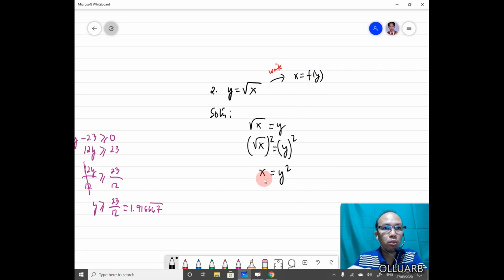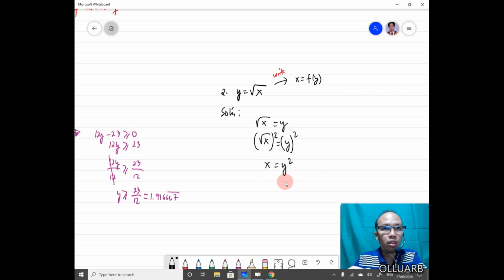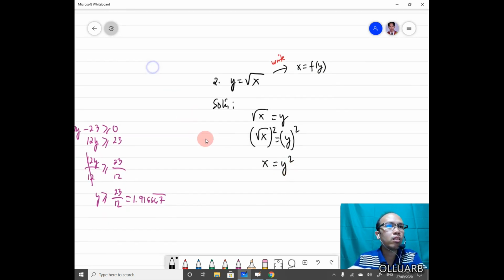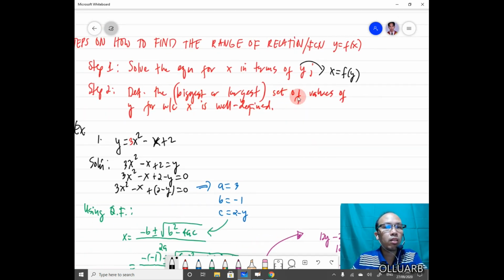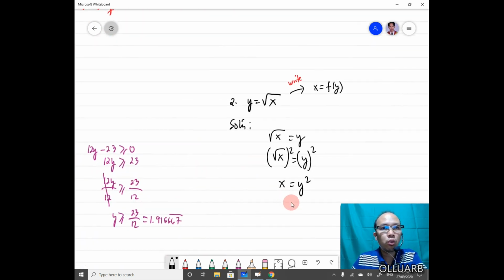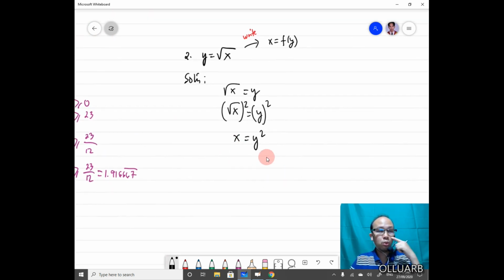The numerical coefficient is 1, the exponent is 1, and all the y values are on the right hand side. It says here that you have to determine the biggest set or largest set of values of y for which x is well defined. So you will be tempted to show that the range is the set of all real numbers, because for every y from negative infinity to positive infinity, you will get an x, which is well defined.